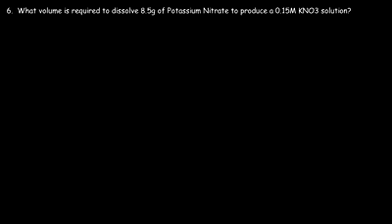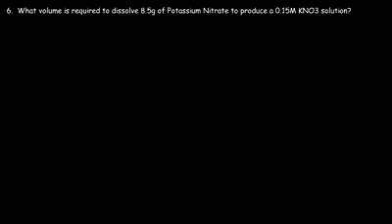Number 6. What volume is required to dissolve 8.5 grams of potassium nitrate to produce a 0.15 molar potassium nitrate solution? So this time we're given the mass of the solute, the molarity of the solution, and our goal is to find the volume. We're going to find the volume first in liters, and then we're going to convert it to milliliters.